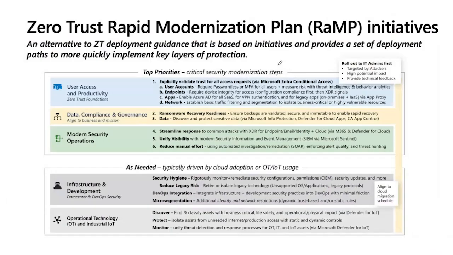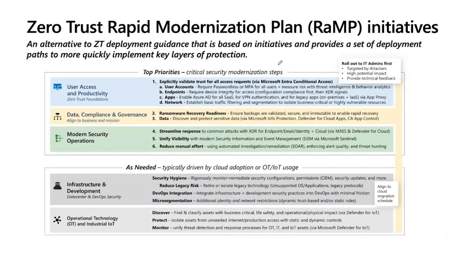Now, what comes in RAMP, the Zero Trust Rapid Modernization Plan? So basically, RAMP is a quick set of deployment guidelines. Zero Trust is a very comprehensive guide. It takes some time to implement and apply the settings properly aligned to Zero Trust.